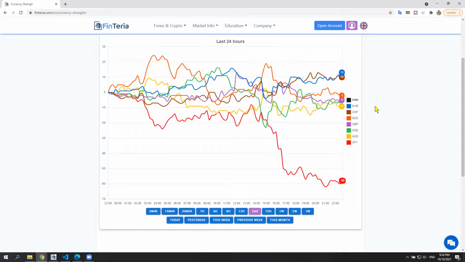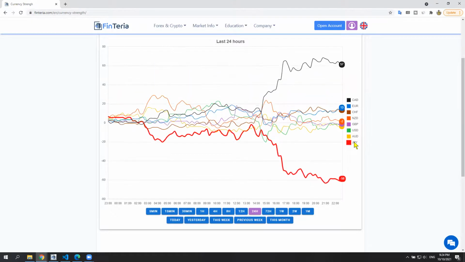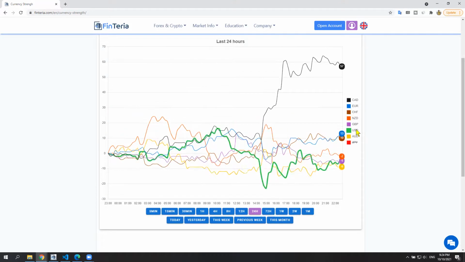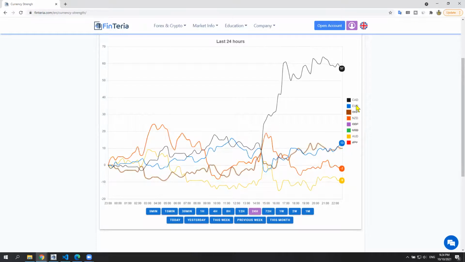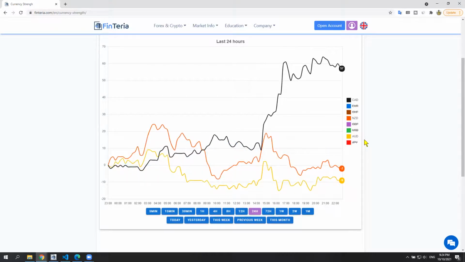So for example, here, if you would like to see the tendency of risky assets, you can basically switch off the Japanese yen, the US dollar, the British pound, the Swiss franc, and the euro. And here you will actually see how risky currencies perform in relation to each other.